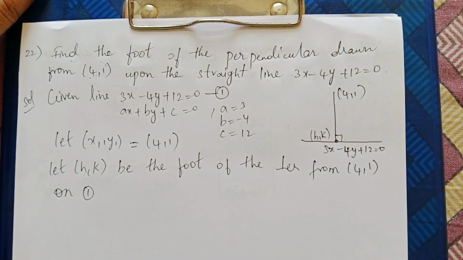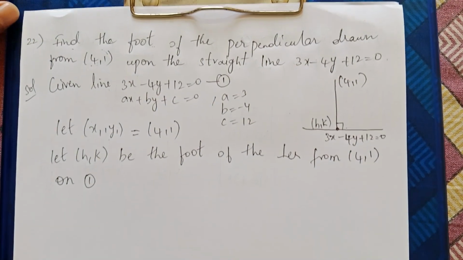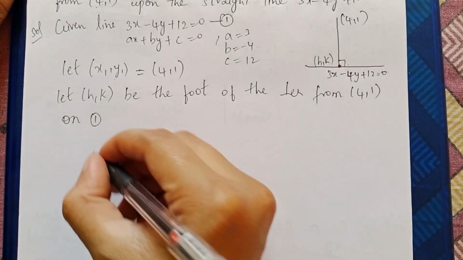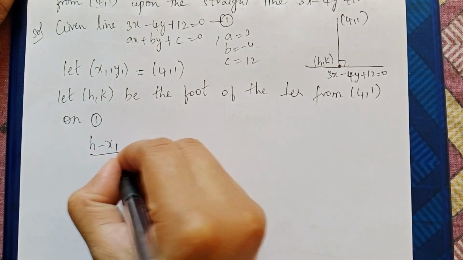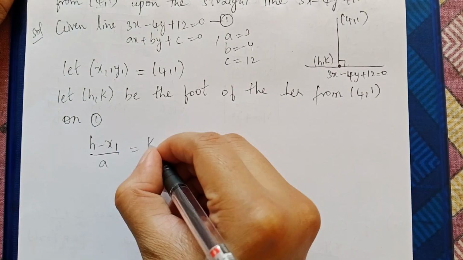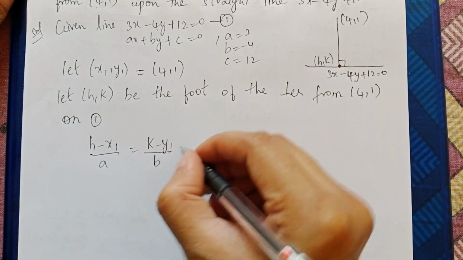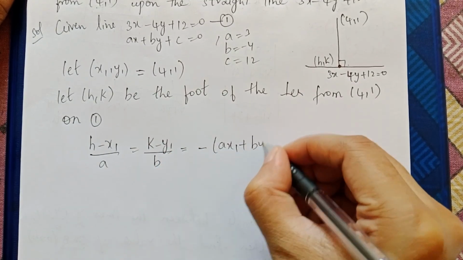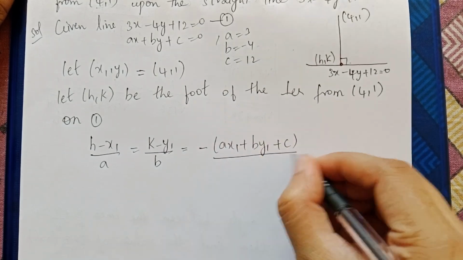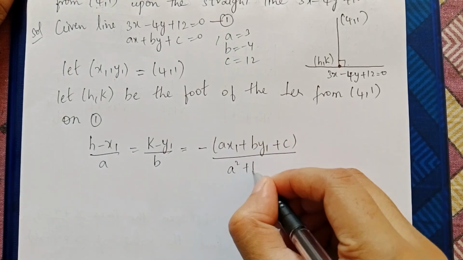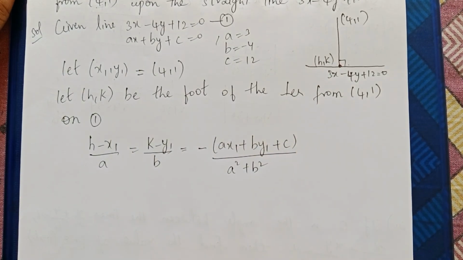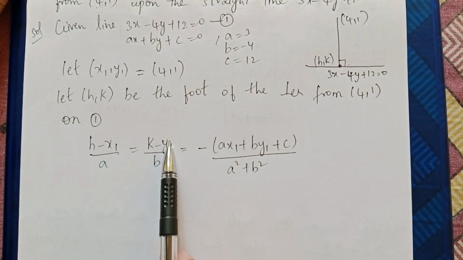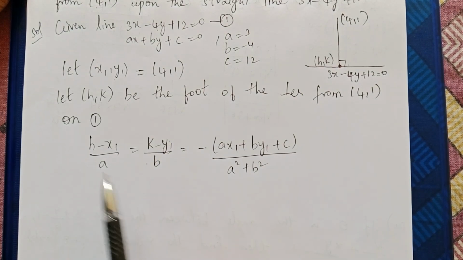So we know the foot theorem, right? What is the foot theorem? (h minus x1) by a is equal to (k minus y1) by b is equal to minus (a x1 plus b y1 plus c) by (a square plus b square). Now substitute the values of x1, y1, a, b, c in the equation.